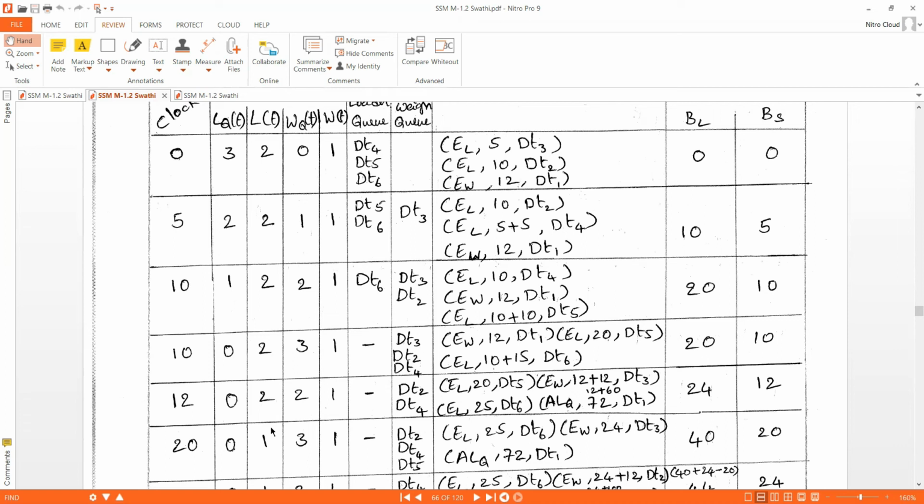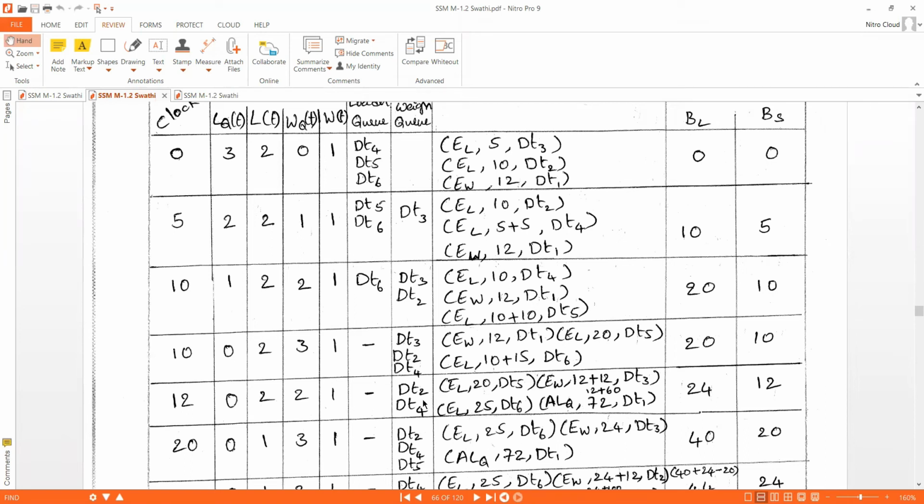DT3 came first to the weighing queue, so DT3 will be allocated the weighing scale. At the weighing scale, DT3 will be weighed, so W of t will be busy again at simulation clock time 12. It completed weighing of DT1 and started weighing of DT3 at simulation clock time 12.